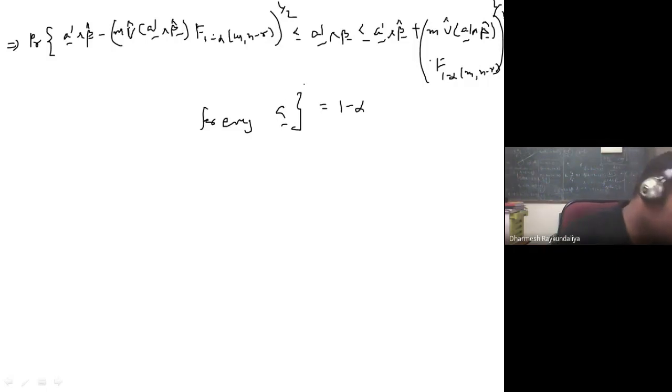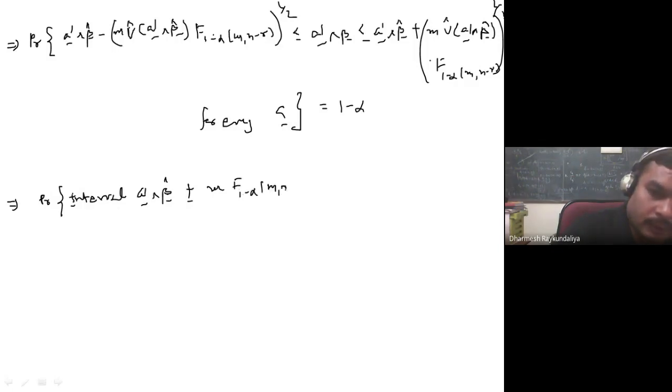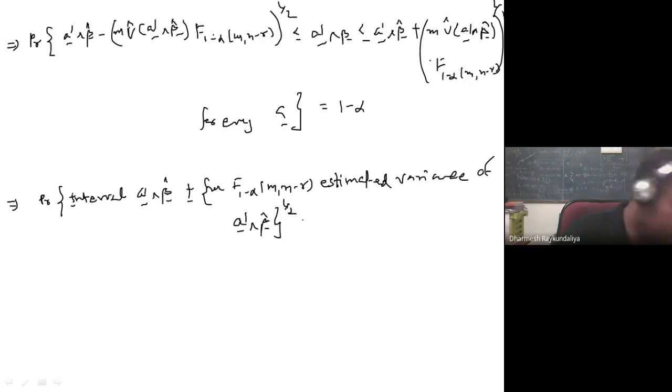So what does it mean? It is giving the confidence interval, which implies the probability that the interval a dash lambda beta cap plus or minus square root of m F 1 minus alpha, m, n minus r into estimated variance of a dash lambda beta cap, their power is 1 by half, contains a dash lambda beta for every a.